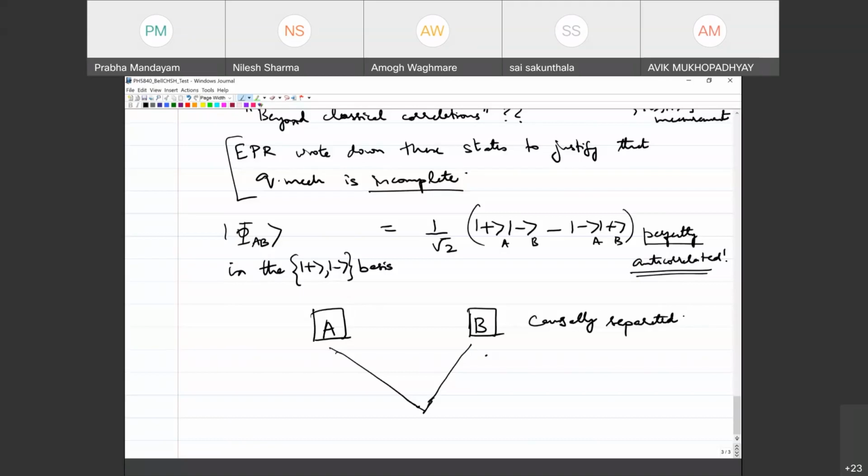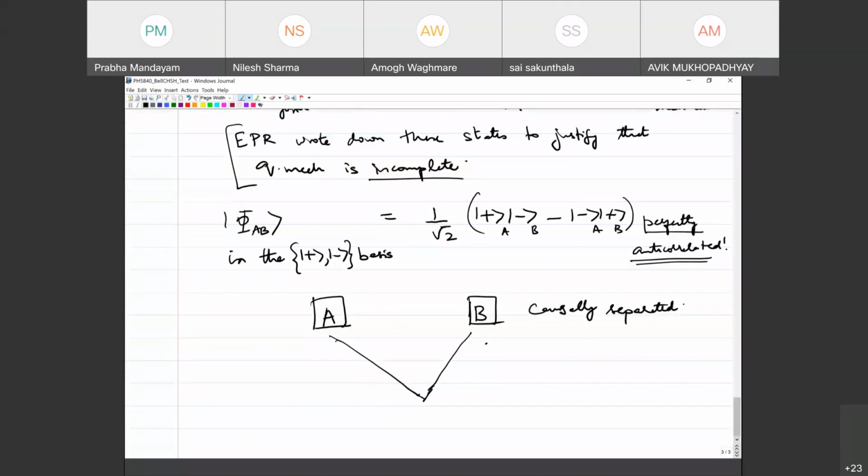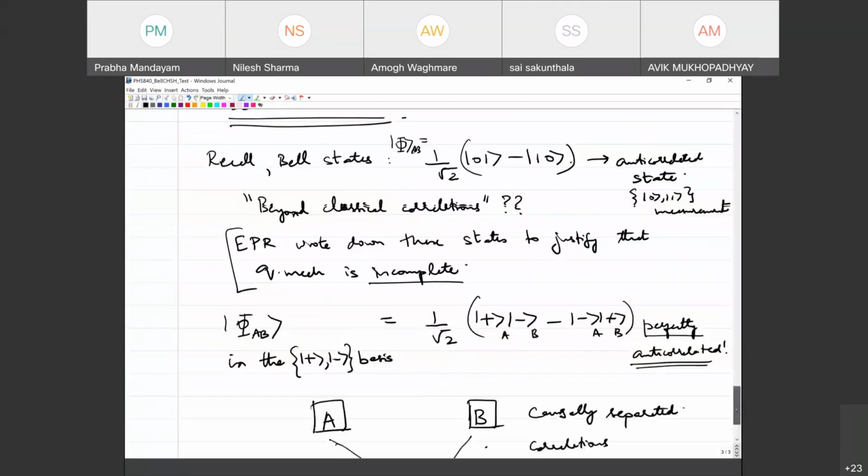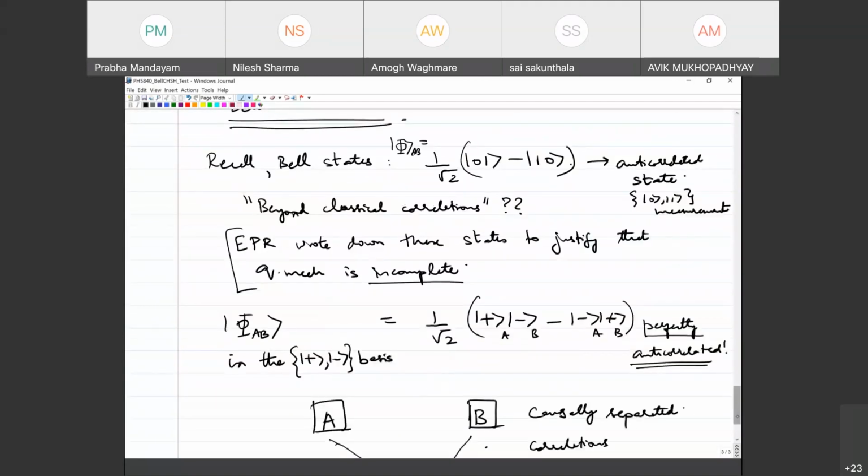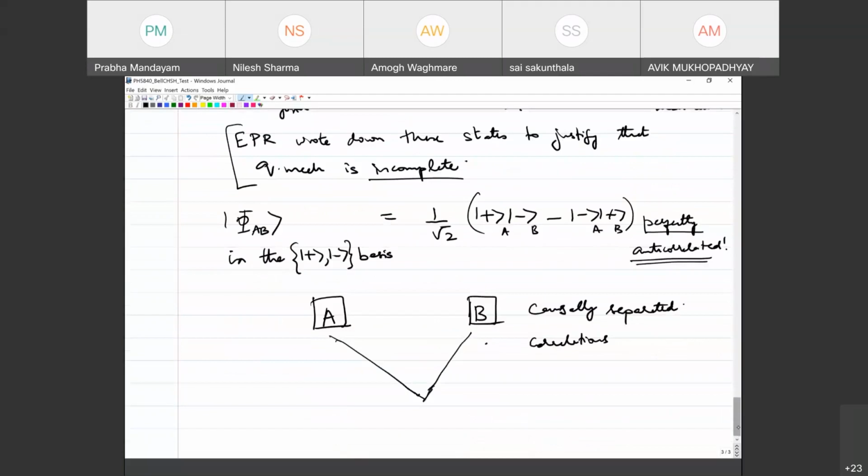this party knows what the outcome is if the other party measured in this basis and vice versa. So these correlations seem to suggest that these values of these observables, whether the outcome is 0 and 1 or whether the outcome is plus and minus, must be predetermined.